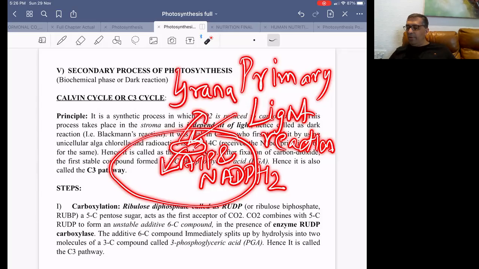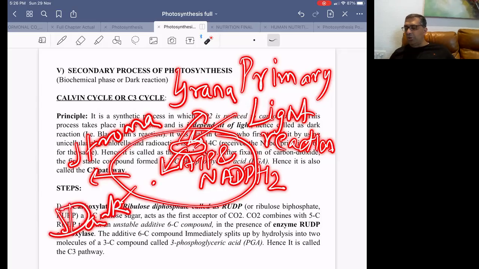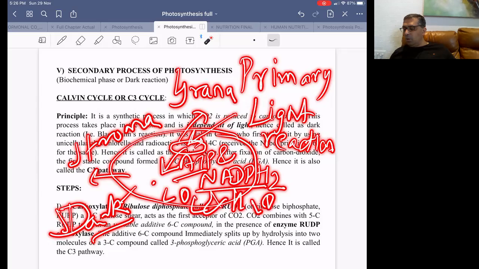From grana, it will move into the stroma. And in the stroma, what will take place? Dark reaction will take place in the stroma. And what will ATP and NADPH2 do? They will combine with CO2 and H2O to form glucose.